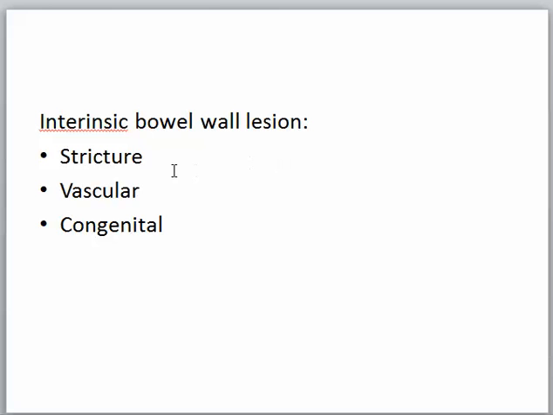And the third is intrinsic bowel wall lesion due to stricture, as in post-transplant, post-viral, Crohn's and lymphoma, vascular as hematoma, and congenital as in change of caliber at the region of the junction of the mid and hind guts.